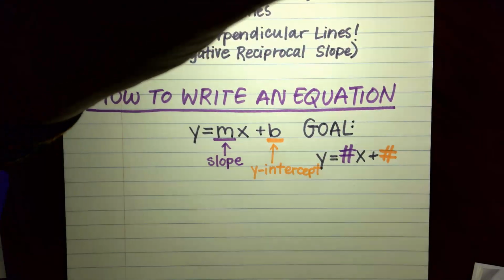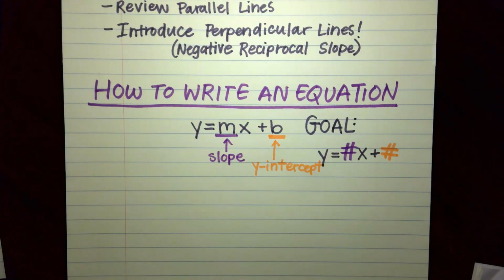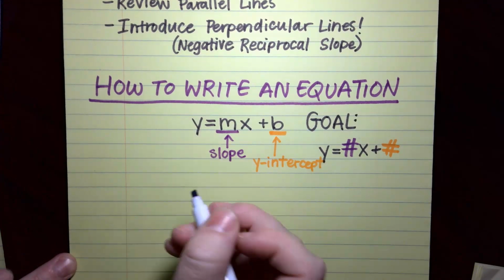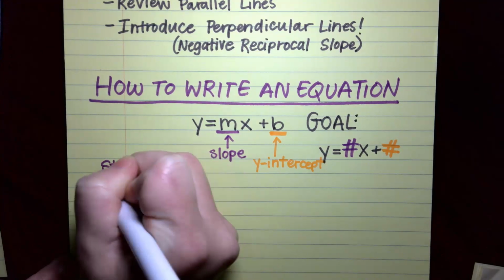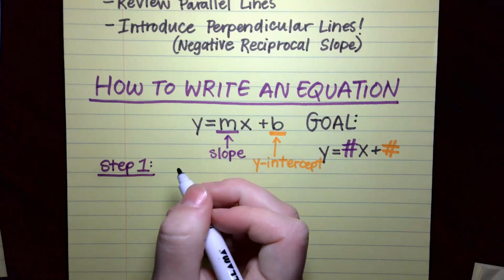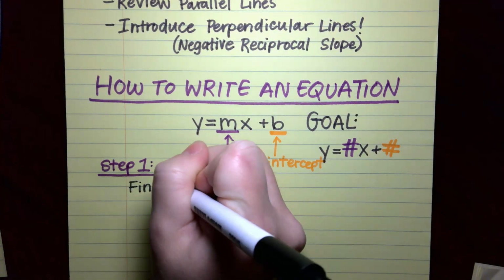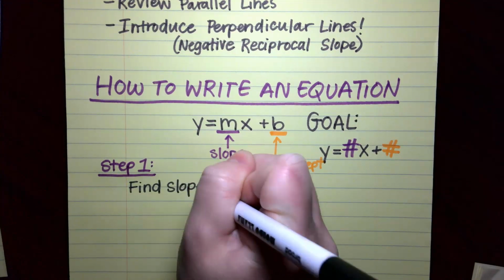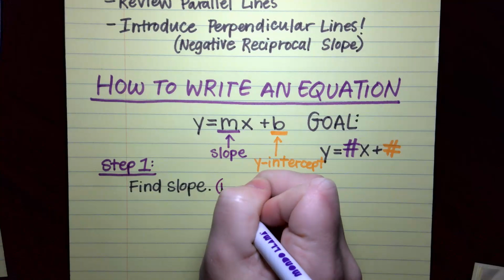All right, guys. So, let's review those steps. Whenever we are trying to write an equation, step 1 is always to find your slope, to find M. Now, in some problems, you will be given slope.